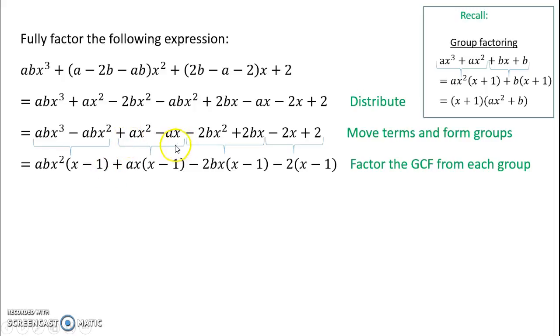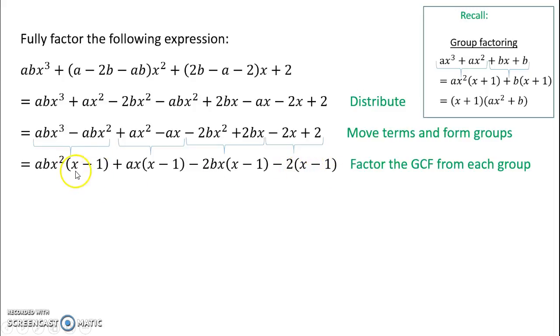Out of this group, the greatest common factor is ax, so we factor ax out, and we're left with x minus 1. Out of this group, we factor out negative 2bx, and we're also left with x minus 1 in this bracket. Out of this group, we factor out negative 2, and we're left with x minus 1 in this bracket.